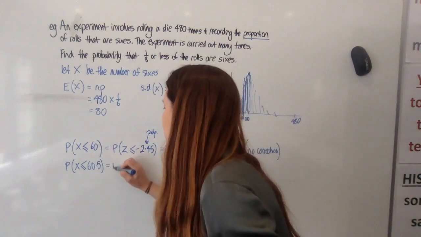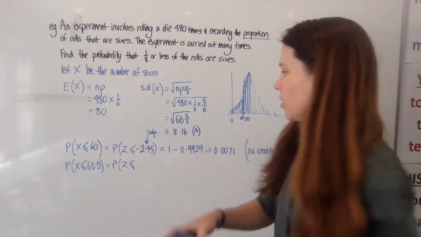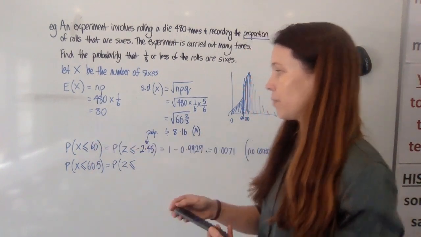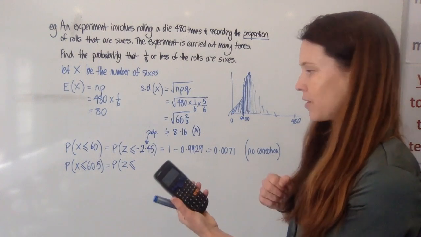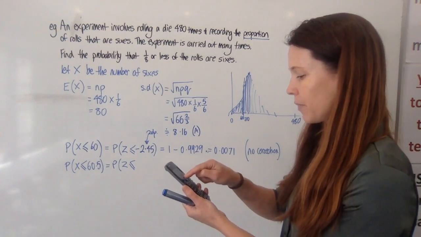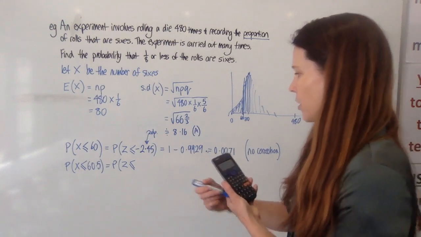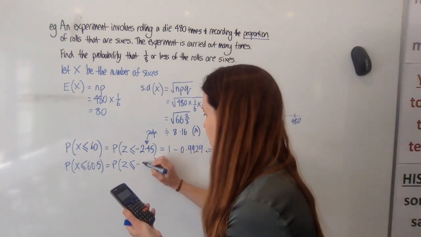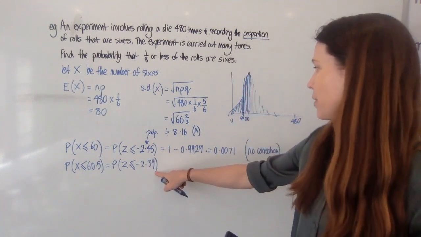Now that's going to change my z-score ever so slightly, because if I say, how far is 60.5 below the mean? I can do 80 minus 60.5 to see how far it is below, divide that by my standard deviation, and I'm going to see that it's a z-score of negative 2.39, also rounded to 2 decimal places.